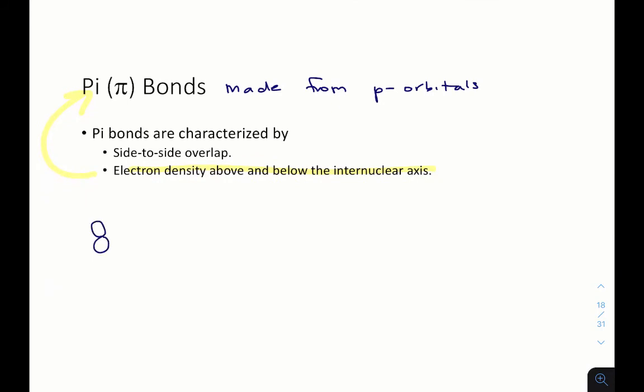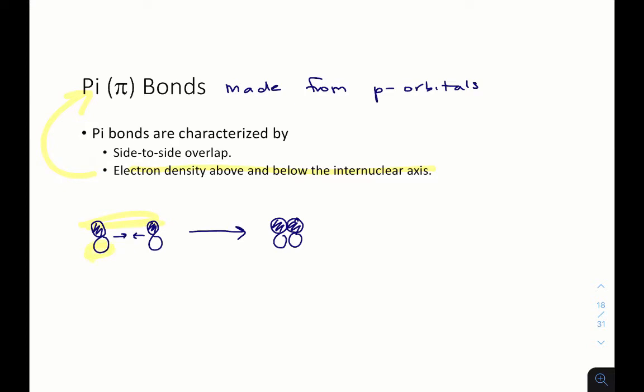Let's show a pi bond being made from two p orbitals. We're going to imagine bringing them together in space, side to side. We bring them together in phase, as I mentioned before, such that the shaded lobe of one orbital interacts with the shaded lobe of the other orbital.